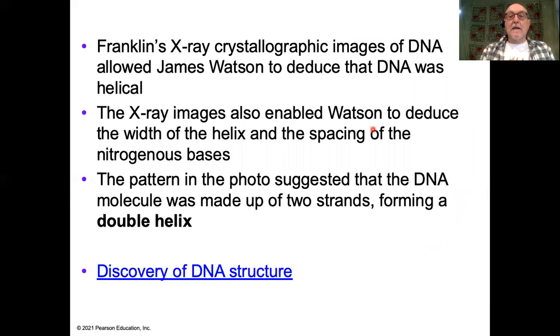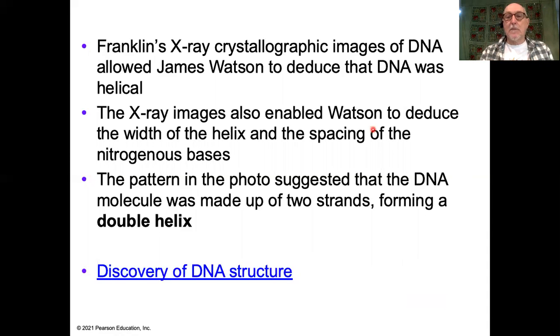And in another leap of intuition, Watson and Crick realized that distance was constant across the middle of the DNA strand, and that there had to be the same number of rings across the strand always.